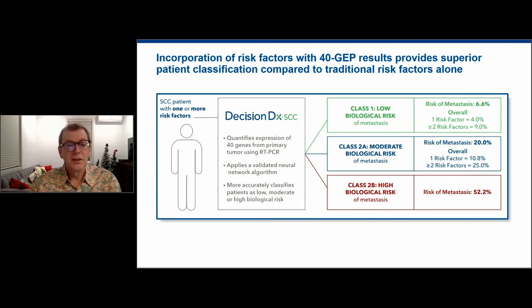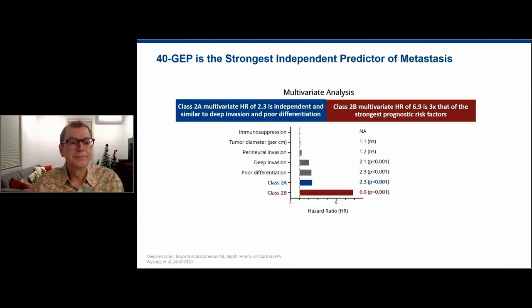So DecisionDx is indicated for patients with one or more of the risk factors that we talked about. It does a lot of computational biology to give you these figures, which show an overall risk of metastasis of 6.6% in the Class 1s, 15 to 20% in the Class 2As, and the 2Bs have a very high biological risk of 52.2% metastatic rate.